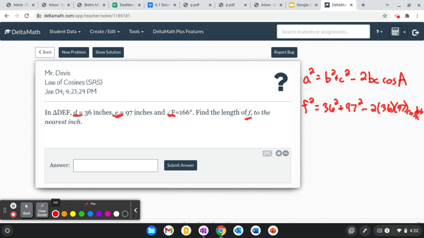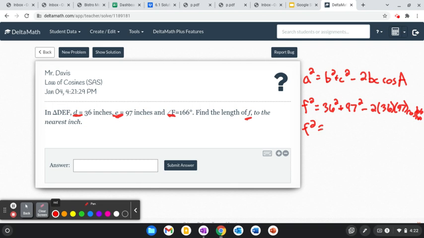So I'm going to type all of that in my calculator, just as it is written. Don't need any extra parentheses or anything. I'm just going to do 36 squared plus 97 squared minus 2 parentheses 36 parentheses 97 cosine of 166.